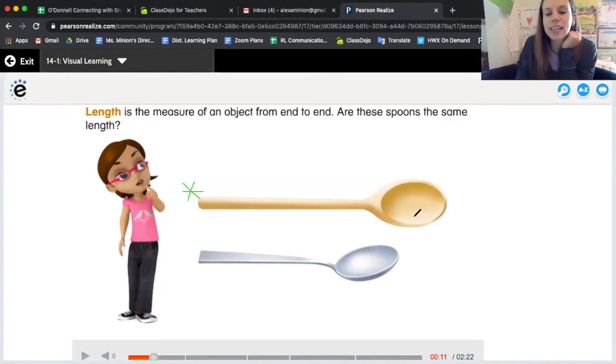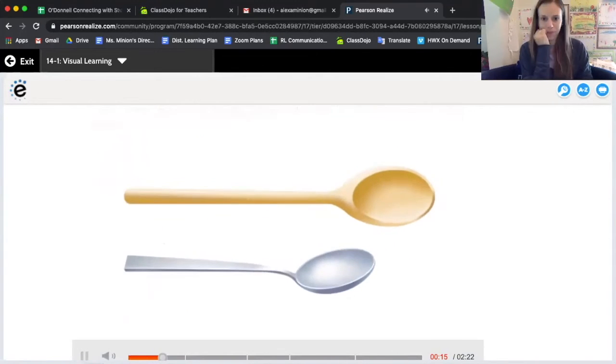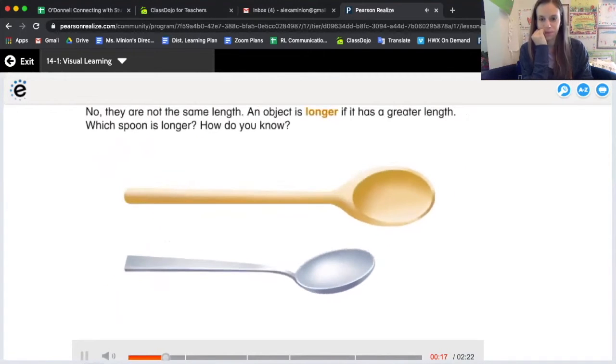Yeah, look at this space. The end of the wooden spoon sticks out past the end of the metal spoon. Notice that they both start at the same spot. That's really important when you measure. No, they are not the same length.